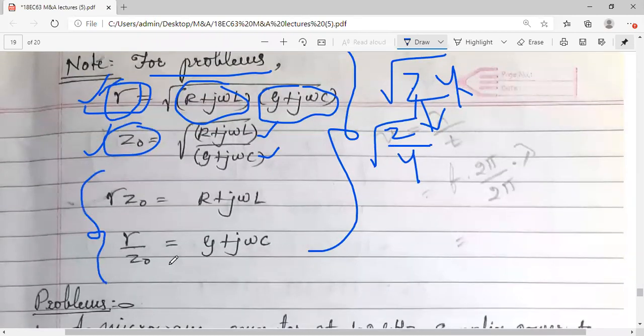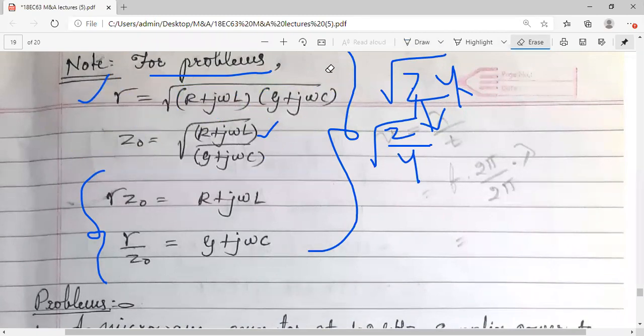This pair of equations, please remember. When we rearrange these equations, if you take the multiplication of these two values, if you multiply gamma with z naught, these two terms get cancelled. You will be left with root of r plus j omega l into root of r plus j omega l.